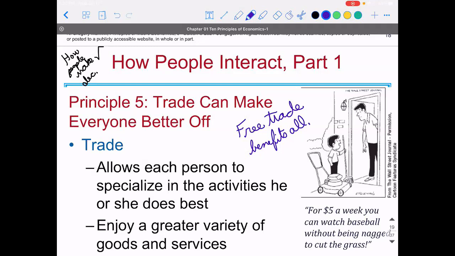We basically do not make shoes anymore. If you are a shoemaker in the United States, free trade has clearly not benefited you, but it has benefited society as a whole. In fact, shoe prices are incredibly cheap, right? You can go to Walmart and find the cheapest pair of shoes.